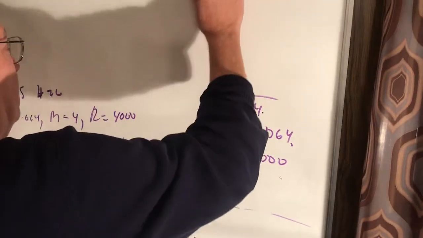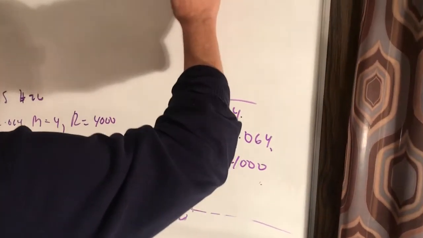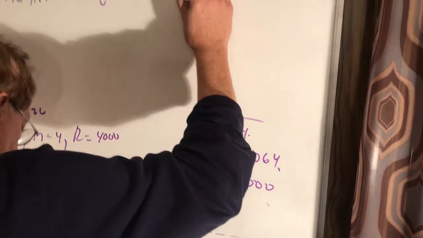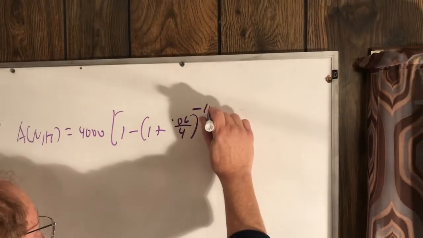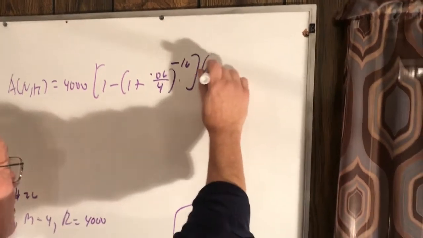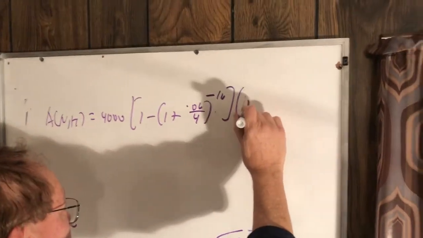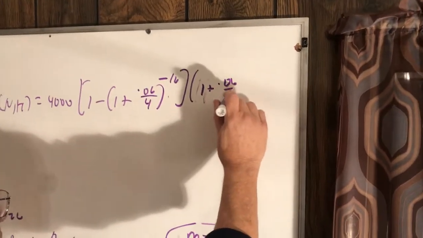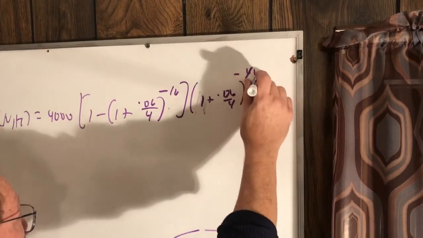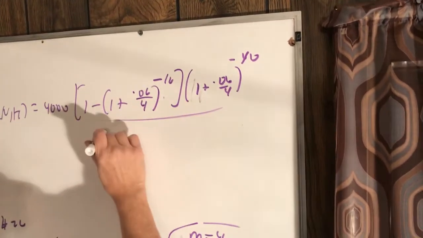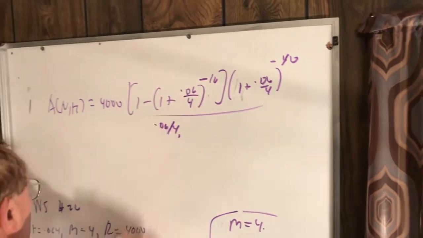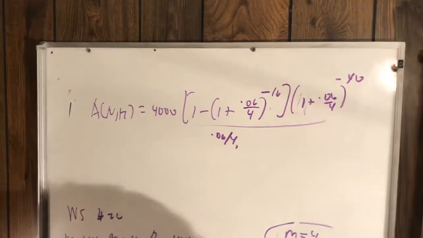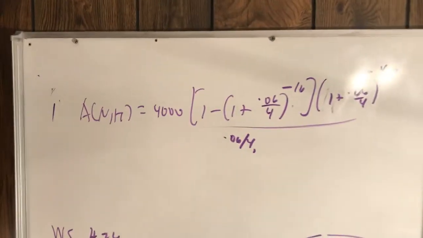So this is 4,000 times 1 minus 1 plus 0.064 over 4 to the minus N, which is 16, times 1 plus 0.064 over 4 to the minus 40, over 0.064 over 4. I'm not going to bother doing this.